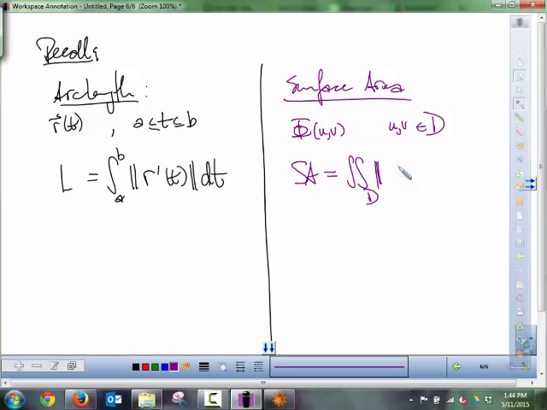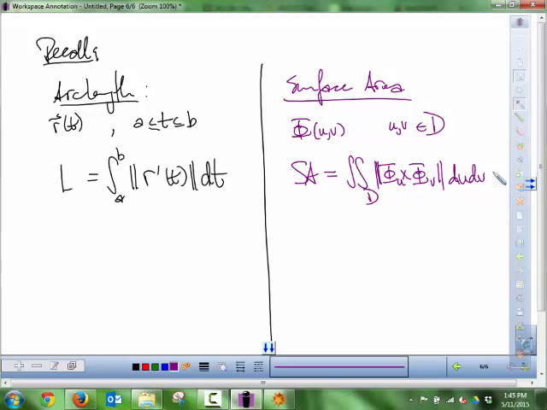The derivative is a little more complicated because we have two variables, so what they came up with is taking the derivative with respect to one variable and then another variable and then crossing it, du dv. So I want to say that these two things are equivalent. They're kind of saying the same thing, except one is dealing with a curve, a one-dimensional object, and the second one is dealing with a surface, which is a two-dimensional object. Okay so far?